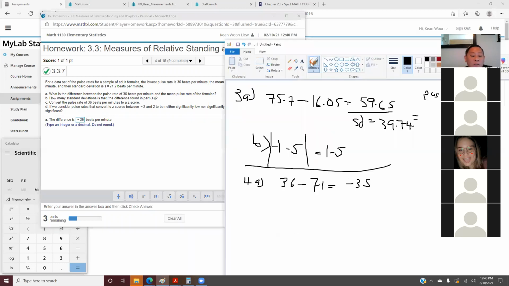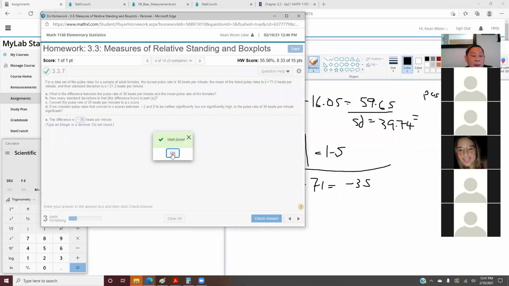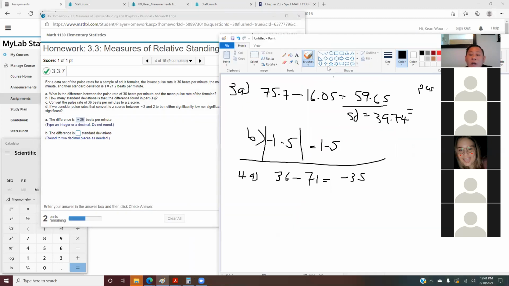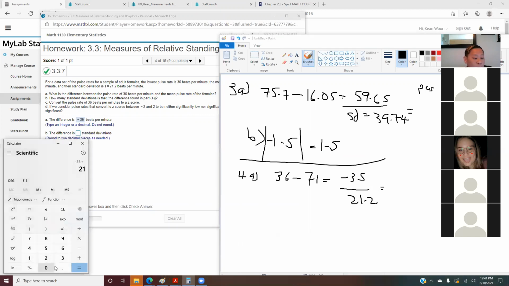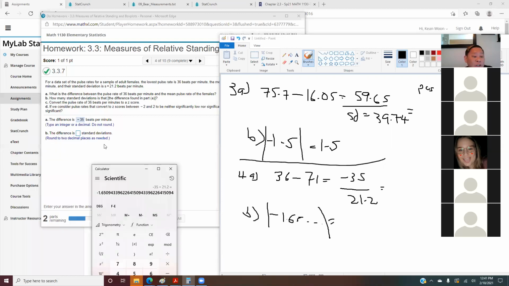Then for part B, the standard deviation, you divide this by the standard deviation, which is 21.2. This comes out to negative 1.65 something, but you have to take the absolute value, meaning you cannot have a negative. So for this question, the answer will be just 1.65.